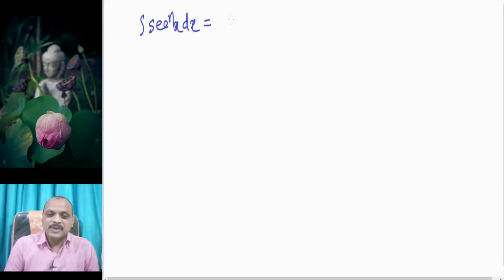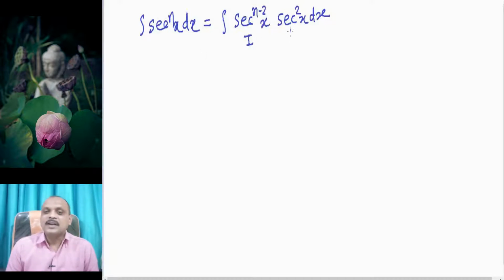Here again we write it as integration of sec raised to n minus 2 x into sec square x into dx. Now this is my first function, this is my second function. Applying integration by parts: first function as it is, sec raised to n minus 2 x as it is, integration of second.